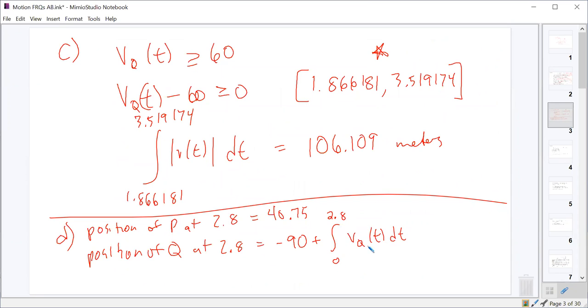The integral from 0 to 2.8 of v sub q should be its displacement. Negative 90 plus that gives us the position, which came out to be 45.937653. And then you just subtracted those to find the difference. Difference equals, what is it? 5.188. Any questions on part D?